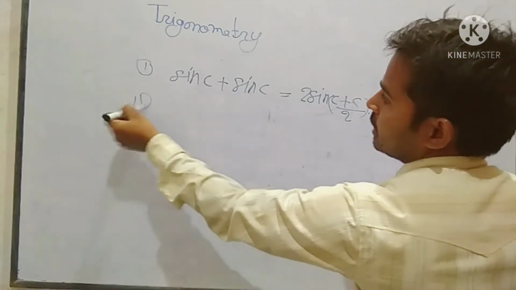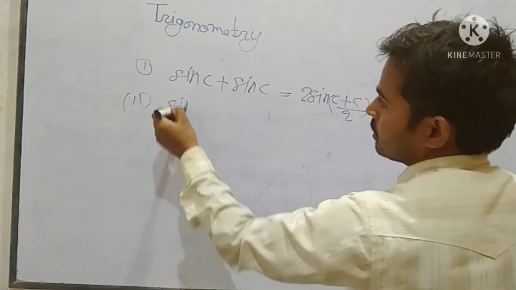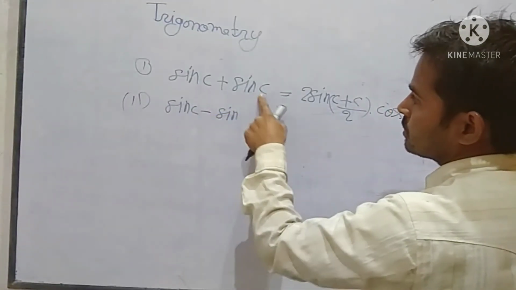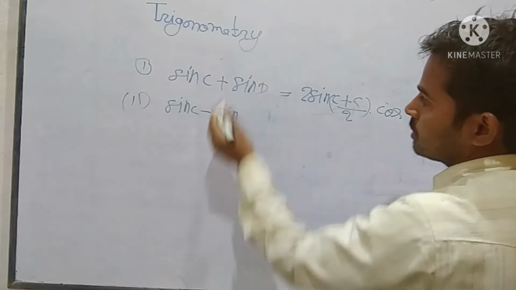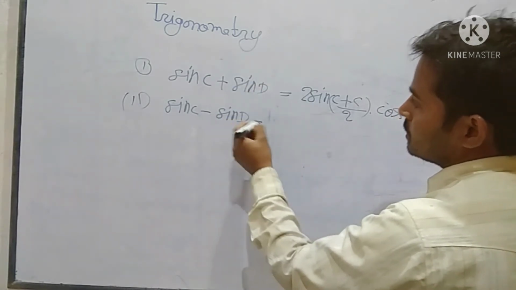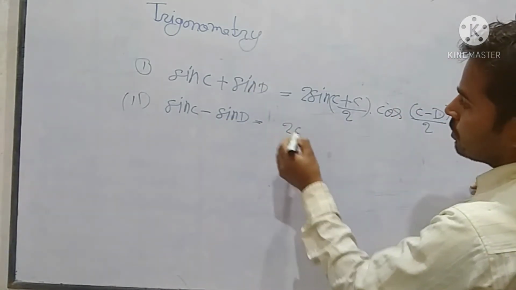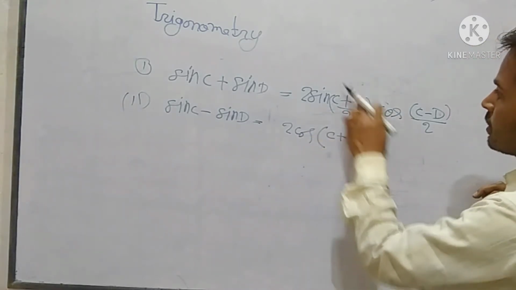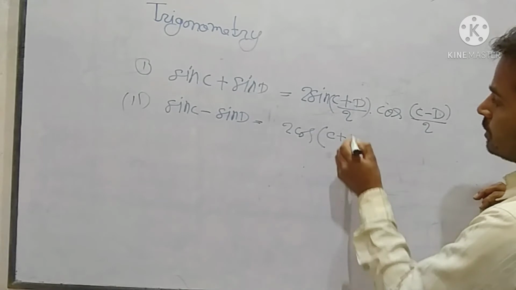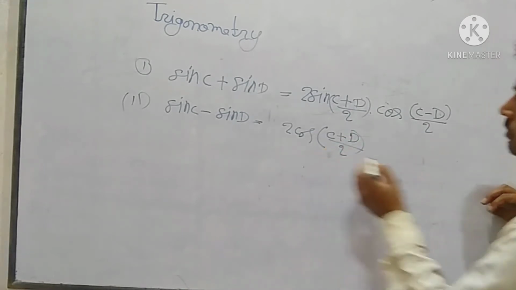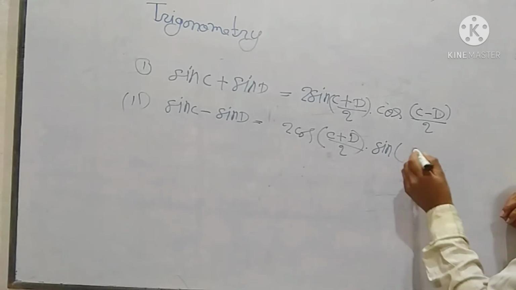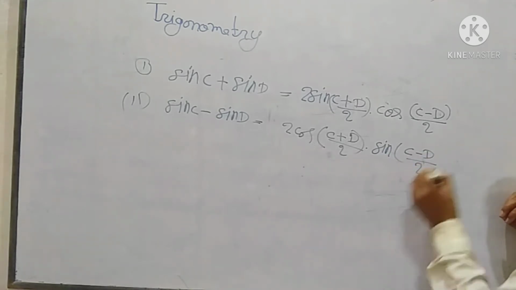The second formula is sin C - sin D = 2 cos((C+D)/2) sin((C-D)/2).